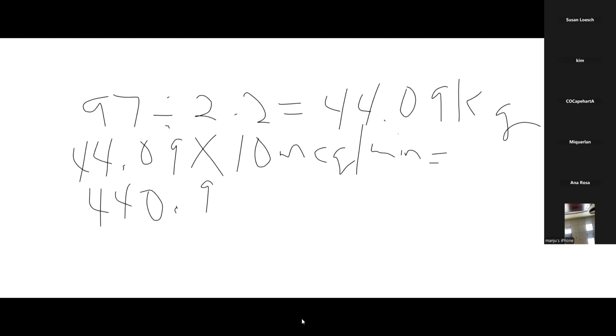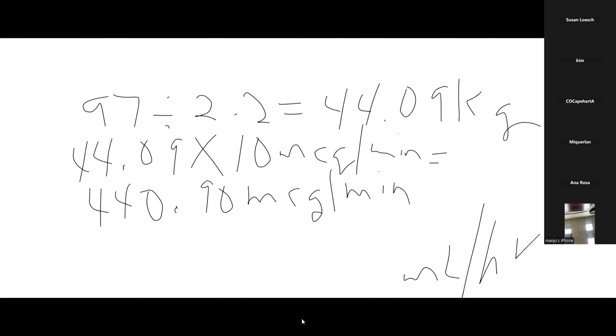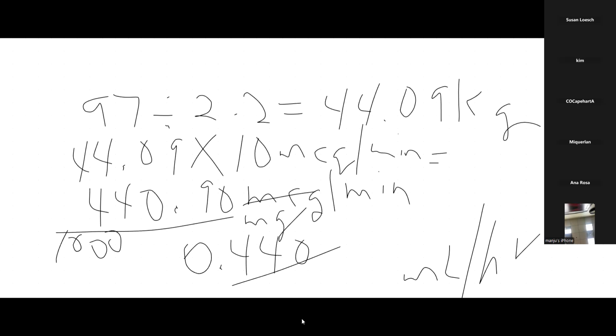We need to get to mLs per hour. You're going to divide this by 1,000 to convert your micrograms to milligrams. And that should give you 0.440, blah, blah, blah. You're going to multiply that whole thing times 60 because now you have to convert your minutes to hours. That should give you 26.45 milligrams per hour.